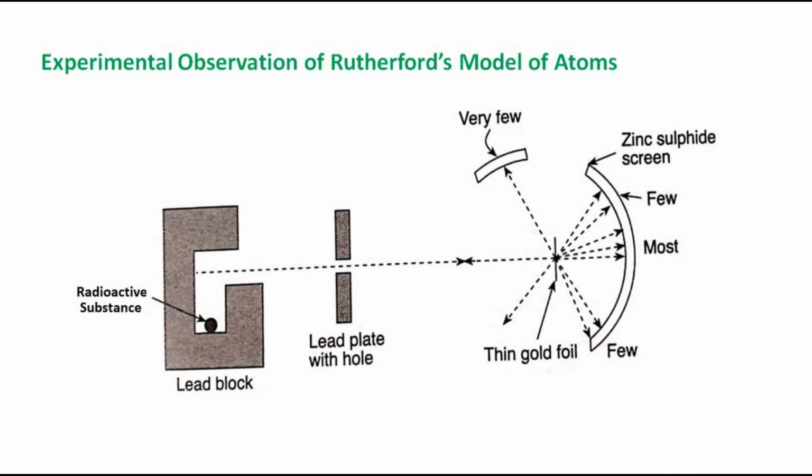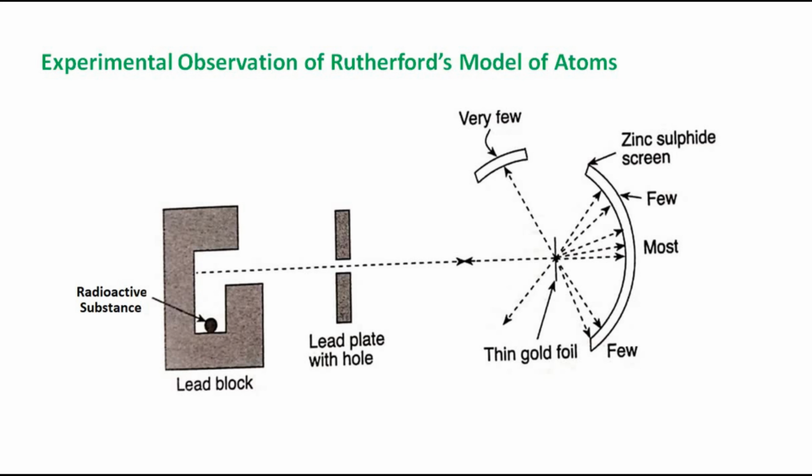In this experiment, the alpha particle source, radium, is placed inside a lead block. The beam of alpha particles is narrowed by applying a lead slit in the route, and highly energized alpha particles are permitted to strike the thin gold foil equipped with a circular fluorescent zinc sulfide screen, as shown in the figure.